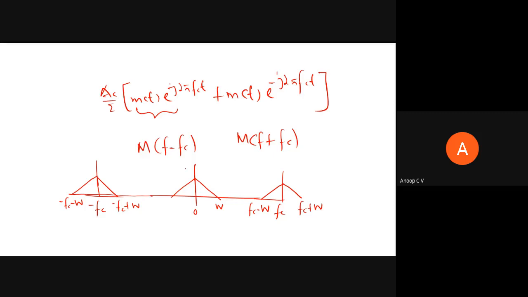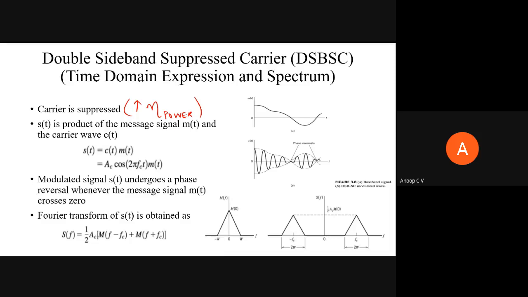So this is the spectrum. This is what we are supposed to get, and it is always weighted with half Ac. Why? Because when I represent cos 2 pi fct as a sum of complex exponentials, there is a term 1 by 2. That is why the magnitude is scaled by half Ac.